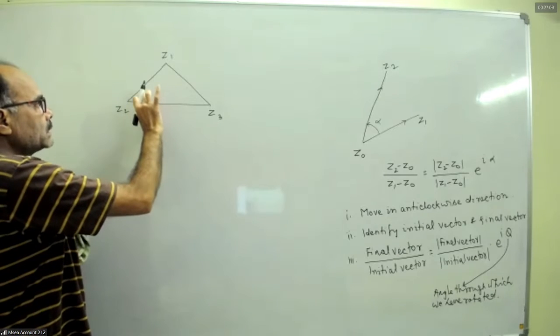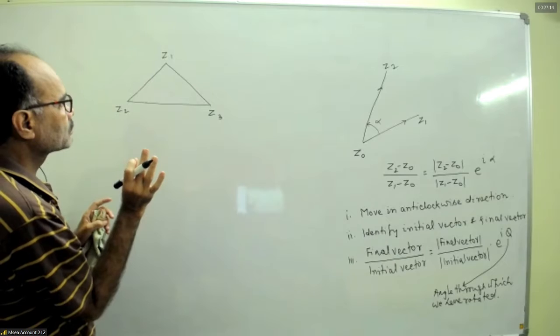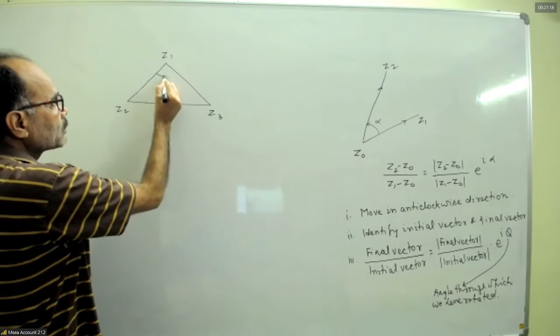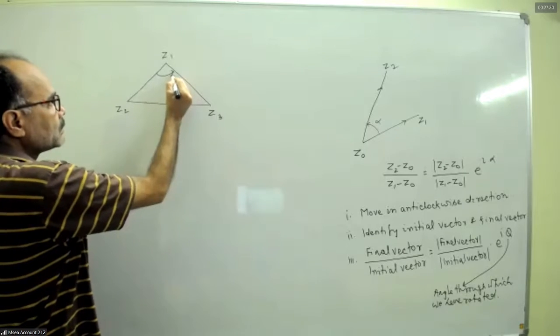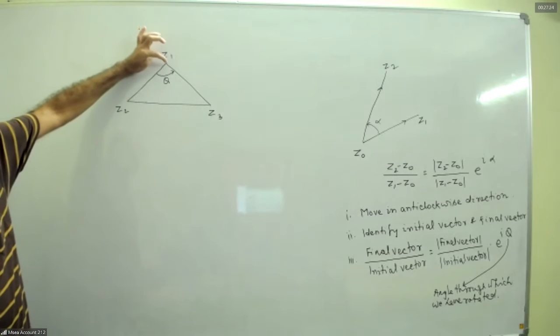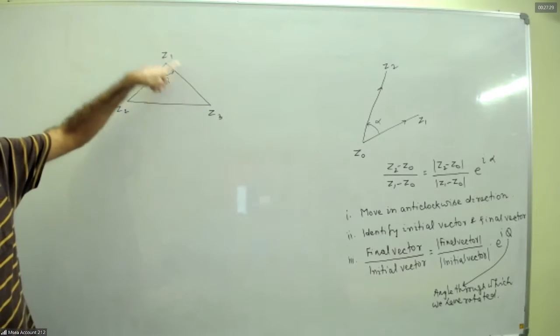Now let us rotate about Z1. This is also simple. Move in anticlockwise direction. Suppose this angle is theta. What is the final vector? Z3 minus Z1.